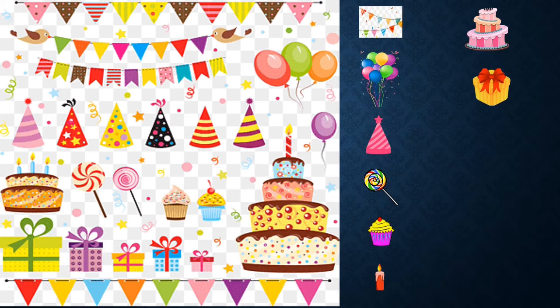These are the items which they bought, that is the ribbons, balloons, caps, candies, cupcakes, candles, cake and gifts. After they make a list of this, now they want to see how many they have of each item here. So what are they going to do? They are going to count the number of things they have bought here.